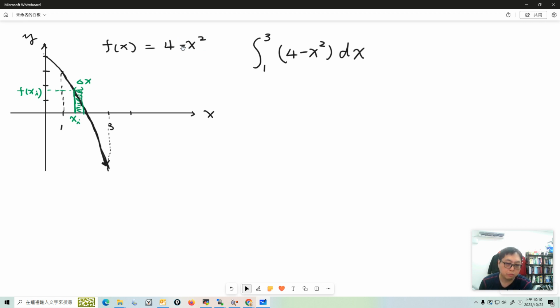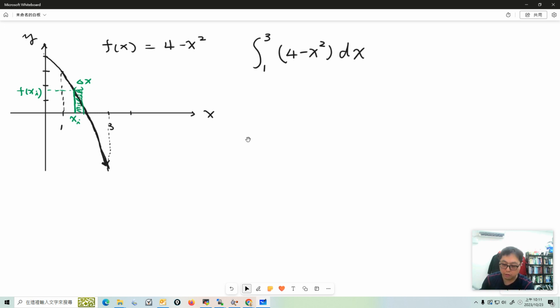I will also use the original method to do the integration, just add the tiny areas together, and then I will use the integration rule of the power function to do the integration.